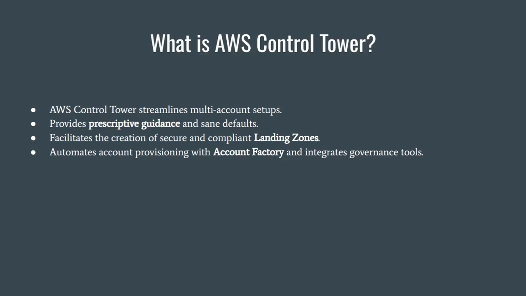You start with a basic organizational unit (OU) structure to host your security and workload accounts. The Account Factory, built on AWS Service Catalog, abstracts the account creation process. It provisions new accounts, enforces policies, and deploys resources seamlessly.